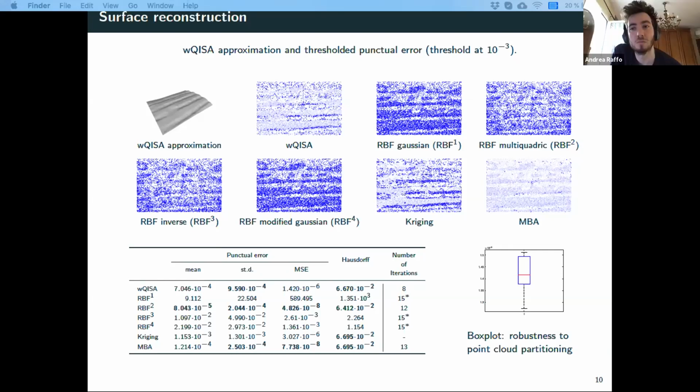Yes, since it's expressed as a linear combination of B-splines, it shouldn't be too difficult to put some constraints, I guess.